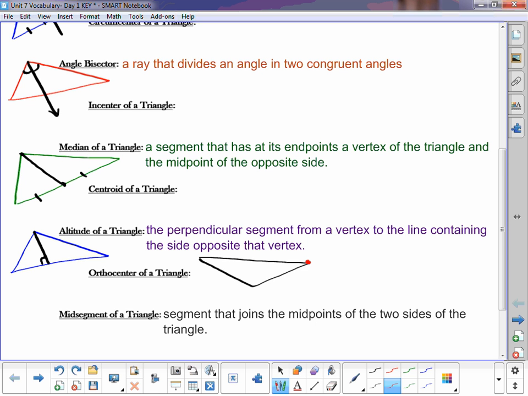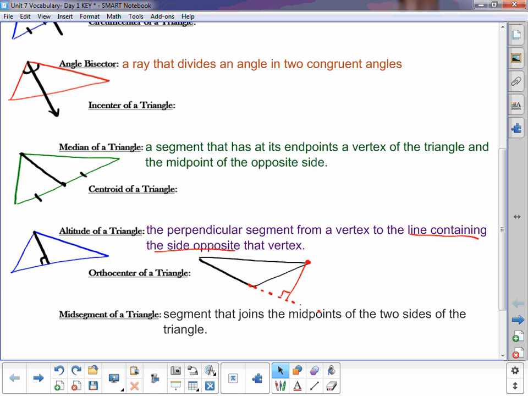And so what we end up having to do is extend that side out in order to draw in that perpendicular mark. Which is why it says to the line containing the side opposite, because sometimes the altitude doesn't actually hit the side, but it hits the extension of it. So we do have sometimes our altitudes lie outside. The rest of them, though, cannot lie outside of it.